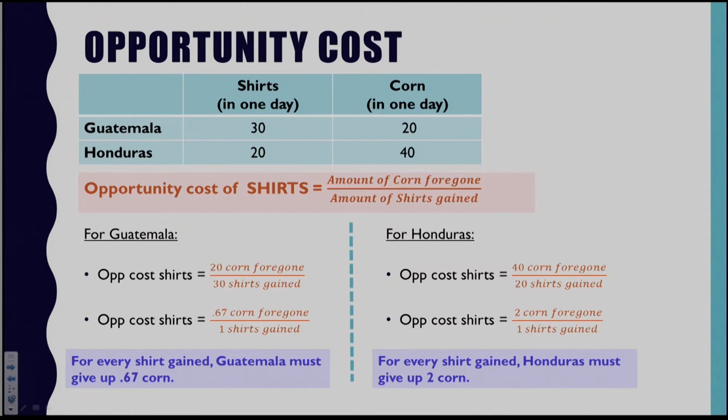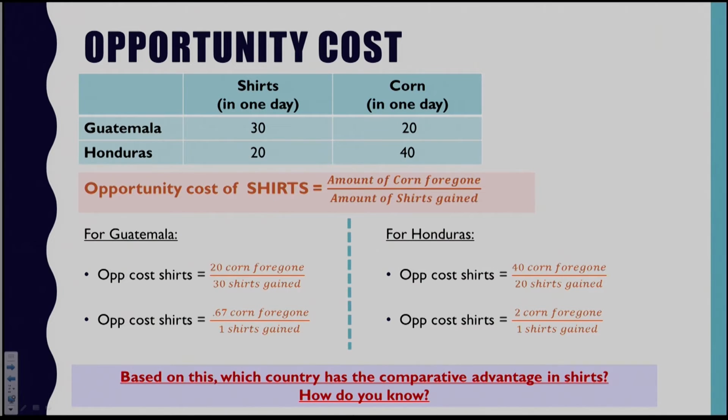Clearly, that's going to tell us who has the comparative advantage. So based on this information, which country has the comparative advantage in shirts? And how do we know? So take a moment, determine who has the comparative advantage in production of shirts.